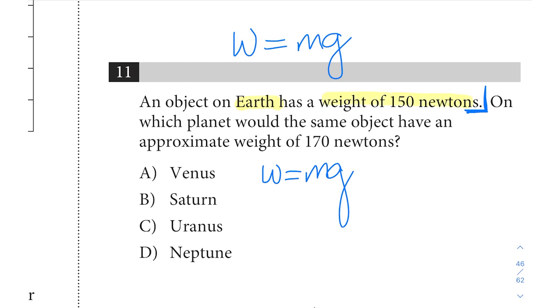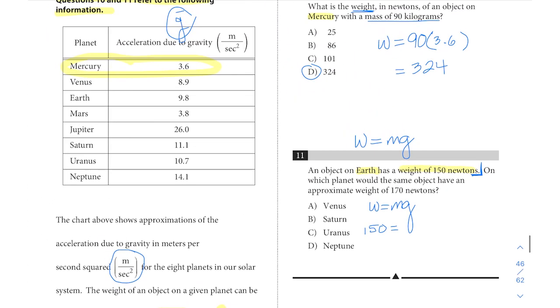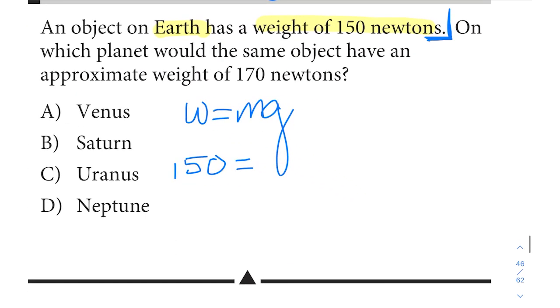Earth and a weight of 150. Okay, so if I plug in 150 over here, let's see if I can figure out anything for m or g. Well, they tell me it's on Earth. Let's see what values we have for Earth. So back to our table. Here it shows that for Earth, we have a value of 9.8 for g.